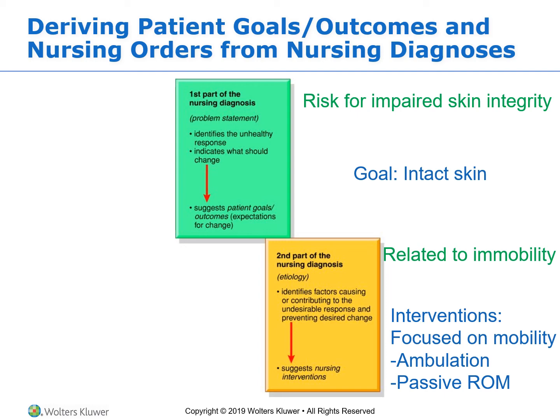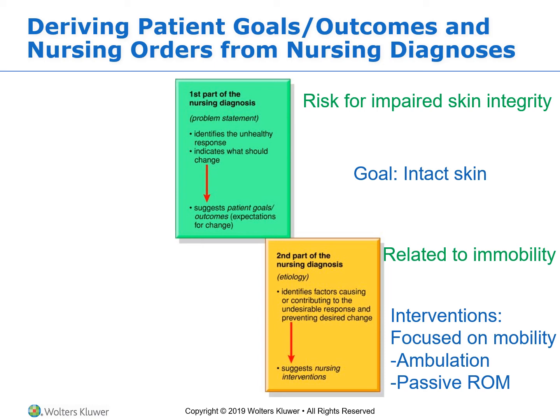The second part of the nursing diagnosis is the etiology, and this identifies factors that cause or contribute to the undesirable response and prevent desired change. So this suggests nursing interventions. An example would be related to immobility. So we have a risk for impaired skin integrity, which is our problem statement, and the etiology is the immobility.